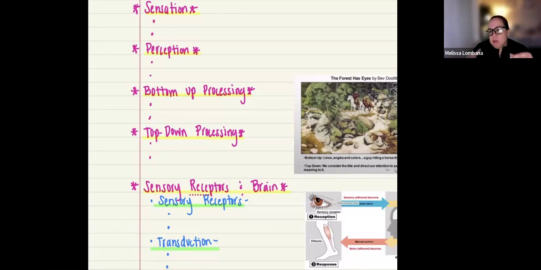If I'm looking at a picture of a chair that I've never seen before, my senses take this in and convert it into neural energy, and then my brain puts that together to create a schema in which, oh, this is a chair.